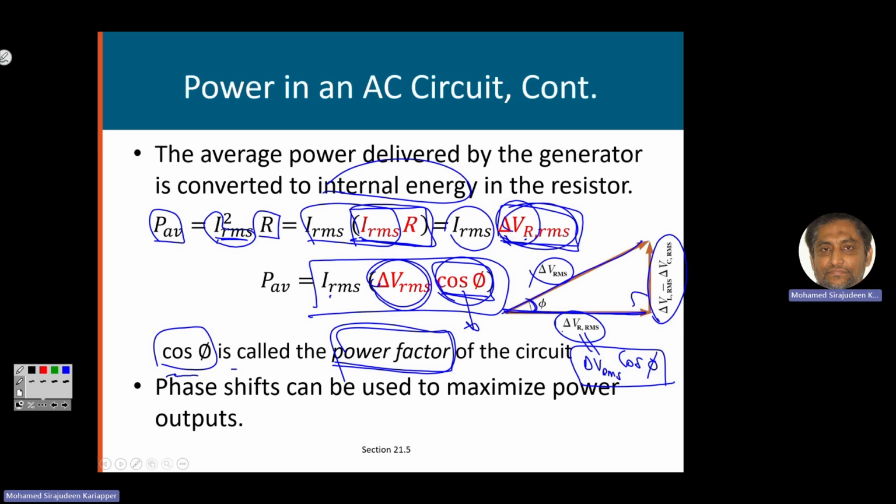So phi equal to 0 means the total potential is in phase with the current. That can happen when there is only a resistor, that is one possibility, or it can also happen when the voltage across the inductor is equal to the voltage across the capacitor and they cancel each other, then also we will have phi equal to 0. The phase shift can be adjusted to maximize the power output.